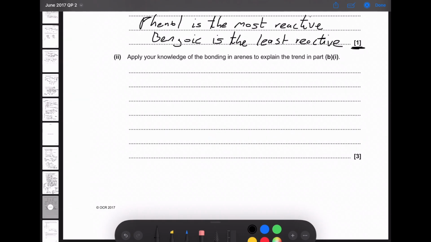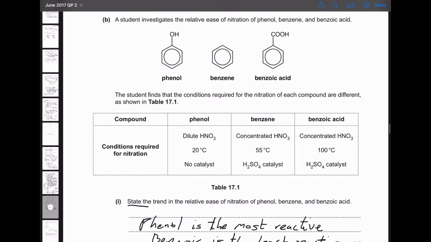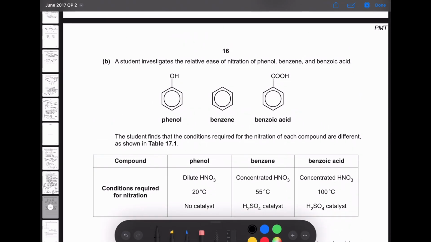As promised, apply your knowledge of the bonding in arenes to explain the trend in part BI. So if we go back to our molecules here, what happens is in phenol, the lone pairs in the oxygen kind of donate their negativity, electronegativity, we know that, to the ring.